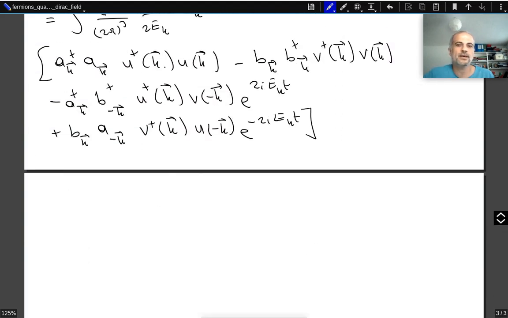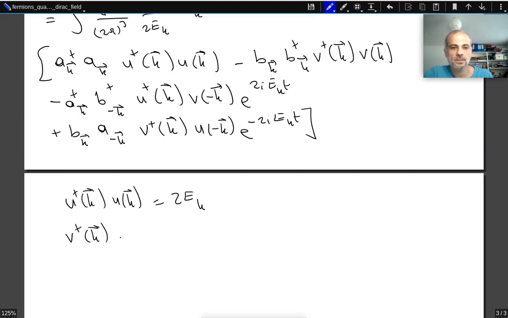Well, here we have the products of Dirac spinors in these terms. We had already calculated these two. So u dagger of k, u of k is actually 2ek, and v dagger of k, v of k is also 2ek.